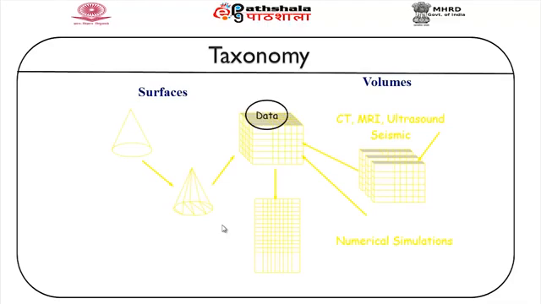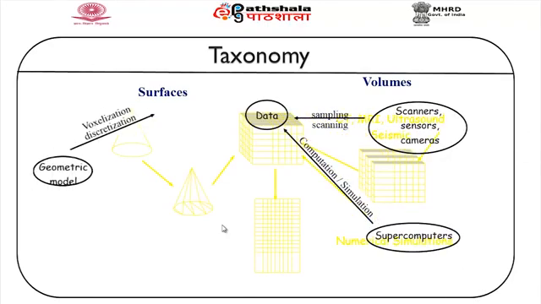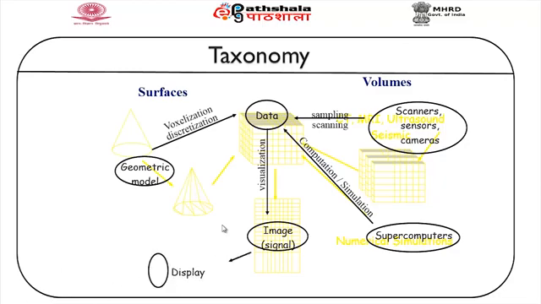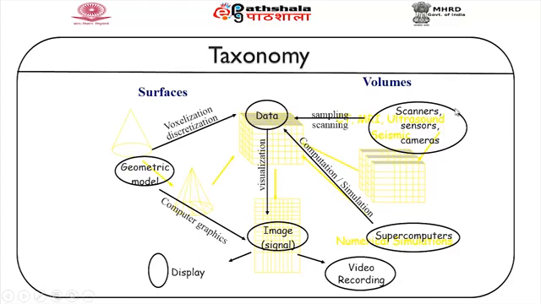So this is a taxonomy of the entire visualization. This gives an idea of what visualization is all about. If you look at the data, you have the scanners, sensors or cameras which try to capture the entire volumetric data. They are sampled or scanned, and fed into the system in the form of numerical data. Later these numerical data are mapped onto some kind of geometrical models, and with the help of computer graphics, it is possible for us to show the geometrical model in the form of an image, which we call a visual.